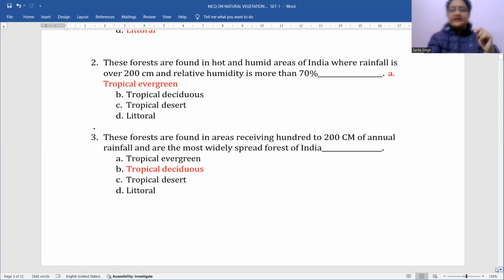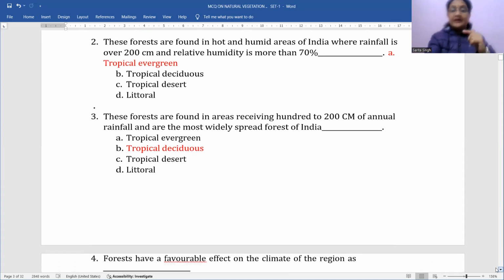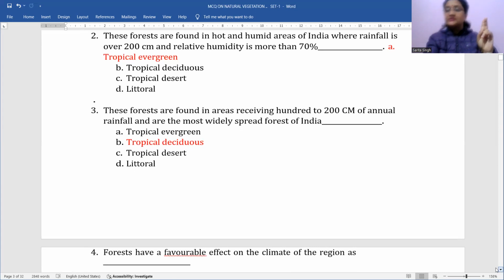These forests are found in areas receiving 100 to 200 centimeters annual rainfall. अभी आ गया हमारा second type vegetation, that is deciduous. Okay, 100 to 200 range जो है rainfall का, ये होता है बच्चों जब हम ऐसे एरियाज में थोड़ा इंटीरियर पार्ट्स में अगर हम जाएं इंडिया में, स्पेशली पेनिनसुलर रीजन का इंटीरियर पार्ट्स, तो वहां पर आप देखोगे रेनफॉल सीजनल है. ओके, एंड इट इज comparatively less than the areas where evergreen forest is found.